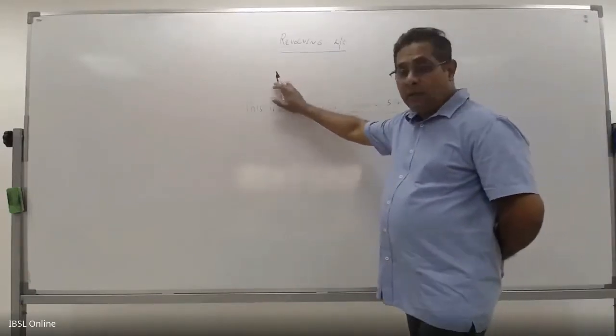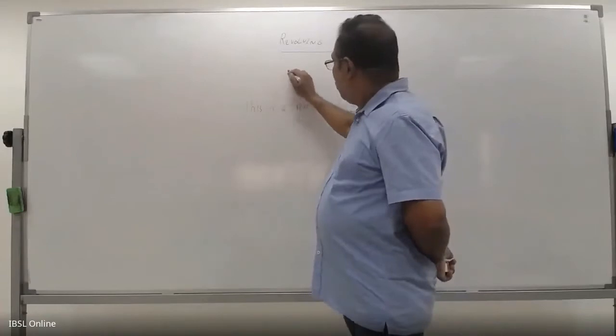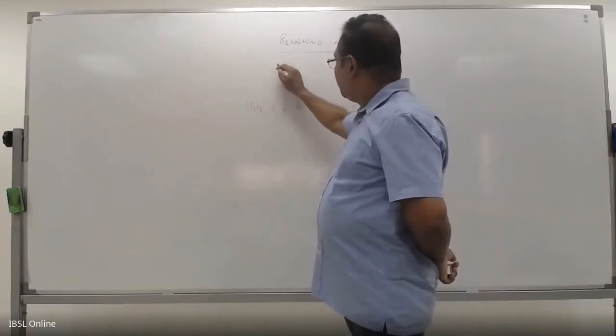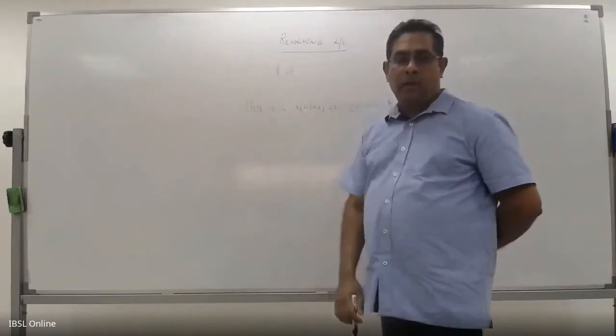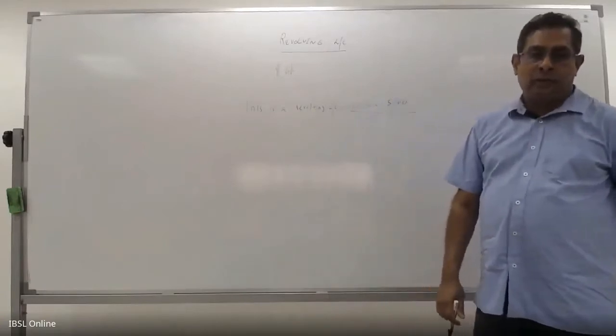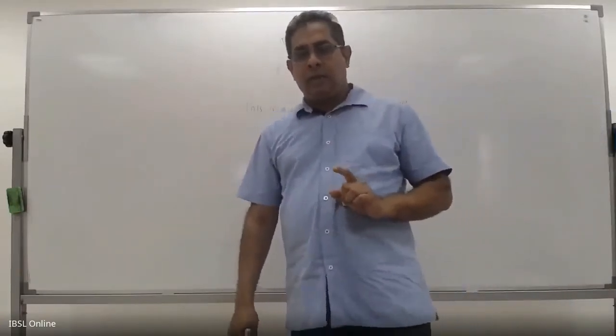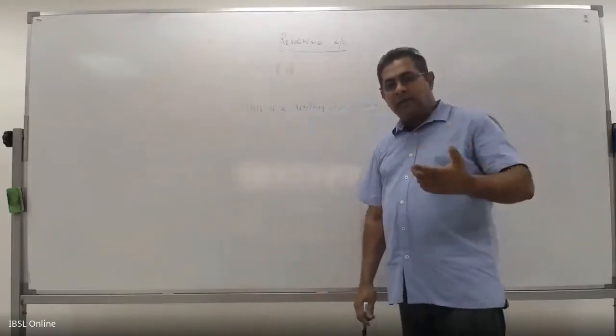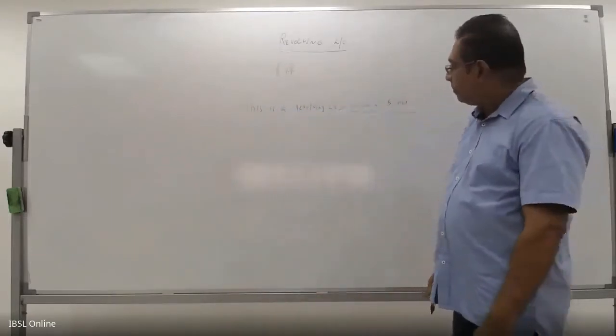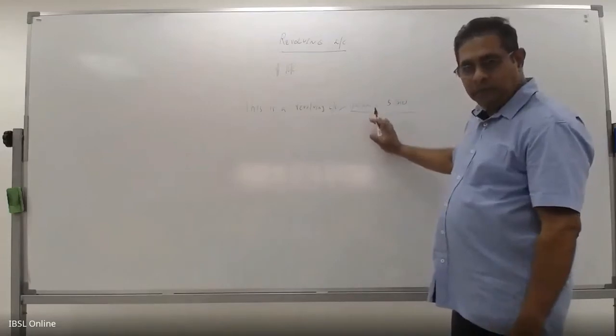And you open the LC not for $50,000. You open the LC only for $10,000. So the customer has to open the LC only for $10,000. The mechanism of the LC will revolve by itself 5 times.